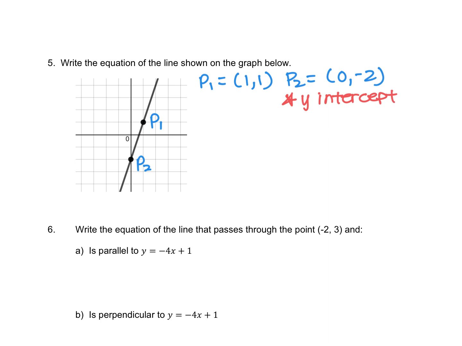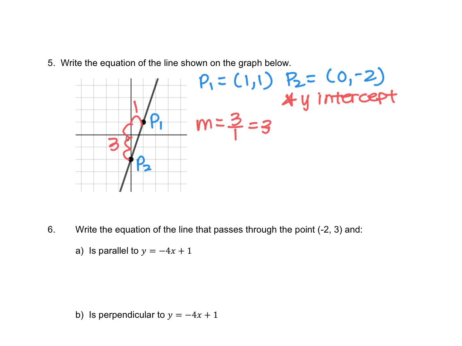Y-intercept. So they gave me 2 points and that's it. I can find the slope. Could I use either form for this one? Yeah, because they gave me the y-intercept, I can use slope-intercept form now. Okay, so let's look at our graph. Let's find our slope. We go up 1, 2, 3, right 1. So my slope is 3 over 1, or just 3. Would y'all agree? Okay.